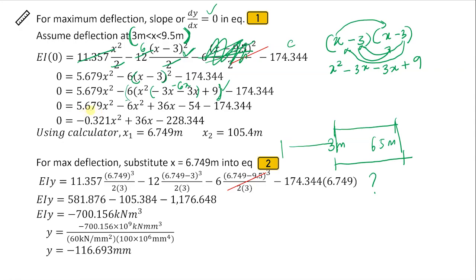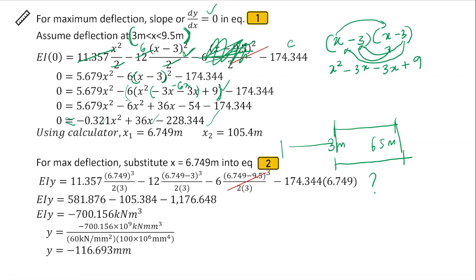Okay, kuasa 5.679 X kuasa 2 tolak 6X, you dapat value ni. And 36X ni masih lagi. And then 54 tolak 174.334, you dapat 228.344. So, you ada one equation. Okay, equation macam inilah. Sama dengan kosong sebab kita punya dy over dx adalah sama dengan kosong. And then using calculator, so you boleh kira pakai calculator untuk dapatkan value of x. Okay, kalau tak tahu nanti kelas tutorial saya ajar.